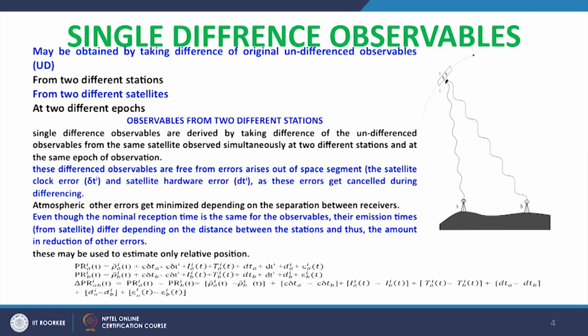If the observables are from the same satellite and are taken by receivers at two different locations, then if we take the difference, the errors arising from the space segment will be removed or minimized.